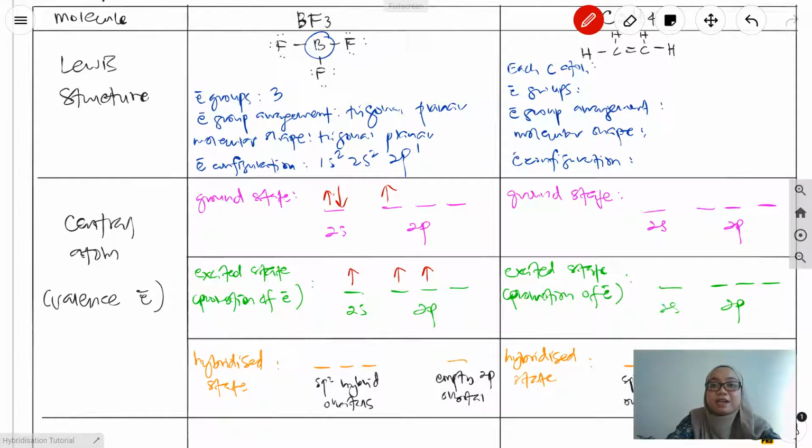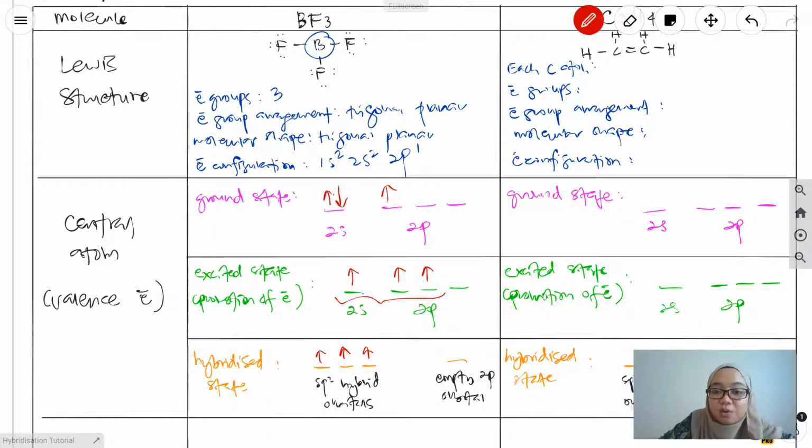So since the sp2 orbital is 1s plus 2p orbitals, we are going to take all these 3 mixed together to form sp2 hybrid orbitals. So they will form 3 sp2 hybrid orbitals and 1 empty 2p orbital.